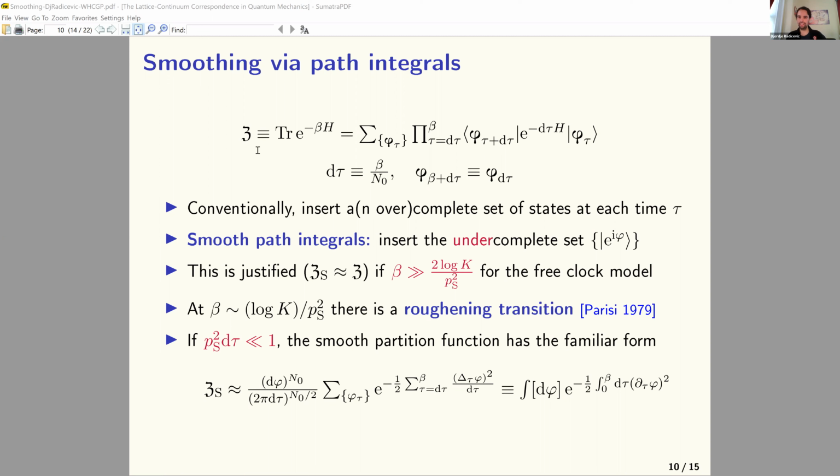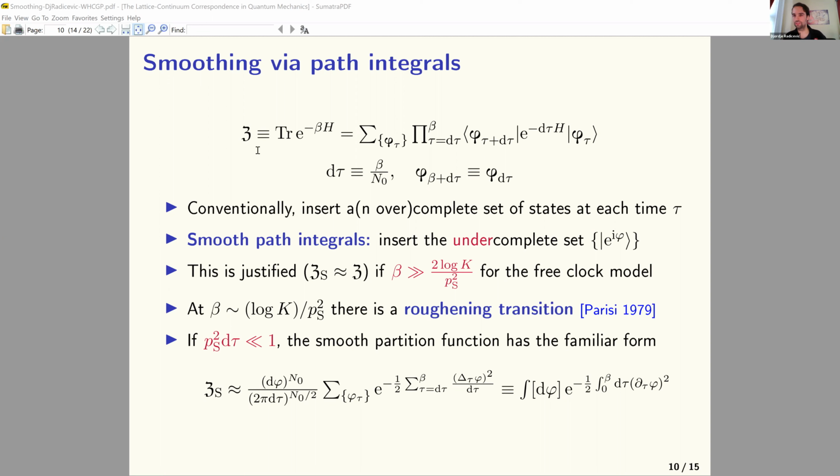Instead of these weird phi's, you insert just the smooth position states, nothing else, or low momentum states, if you wish, in the momentum basis. This makes sure that your path integral will only ever sum over appropriately smeared position states, so that essentially your trajectories are appropriately smeared along the target space at every time.